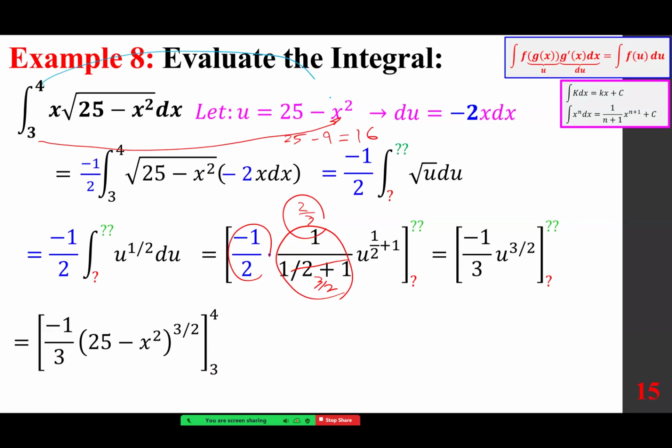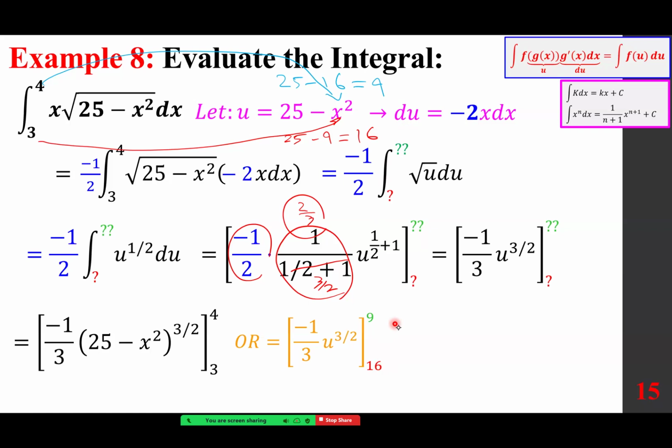We're going to put 4 into this, which makes it 16. 25 minus 16 is 9. And now we have the new limits. So if you use this one, the lower limit is 16. The upper limit is 9.